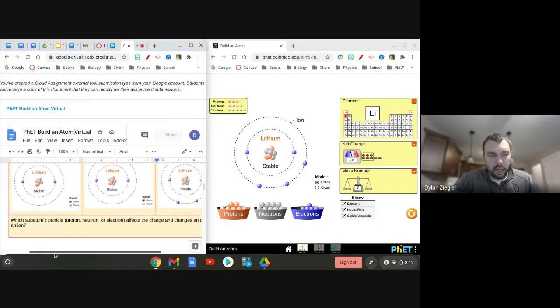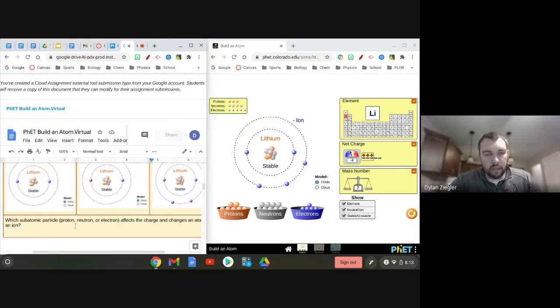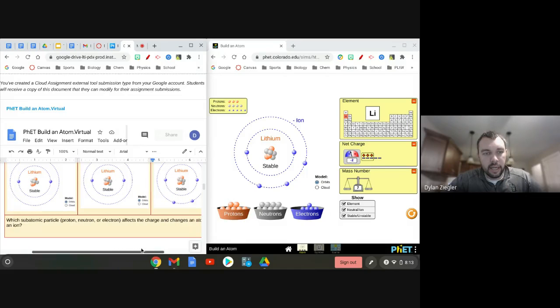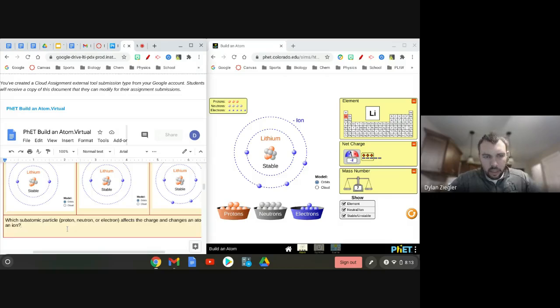All right, good. Okay, which subatomic particle, proton, neutron, or electron affects the charge and changes an atom into an ion? Okay, so this was a little tricky because if I add protons here, that can also change the charge, but it changes the name. We really focused on changing the electrons here.